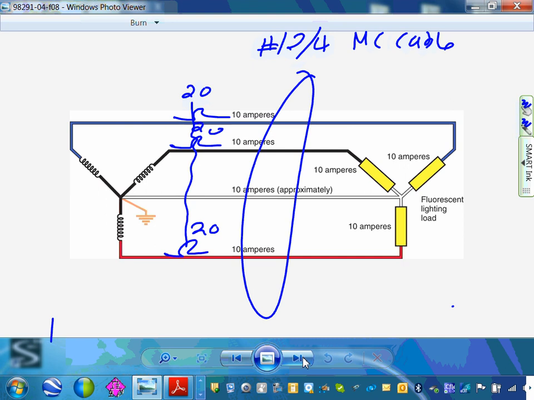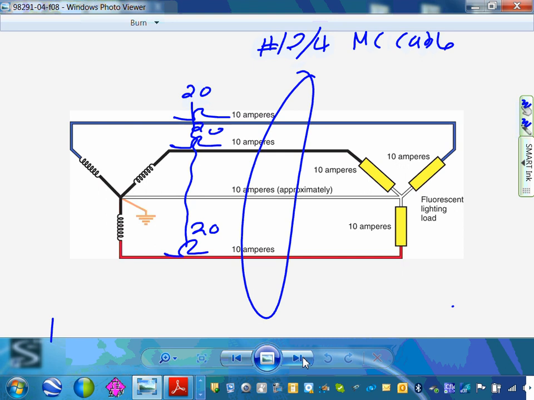That's called 12-4 MC cable. 4 conductors. Do we count the ground? No. 4 conductors. That's it. Okay, what do you do with each? How many circuits is this system? 3 circuits. 3 single-phase circuits grouped together. Are they sharing the neutral? Yes. They share the neutral.